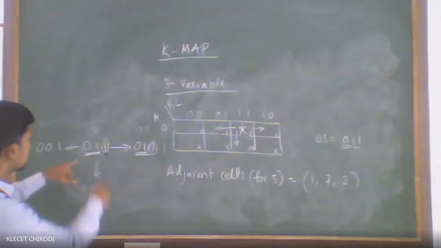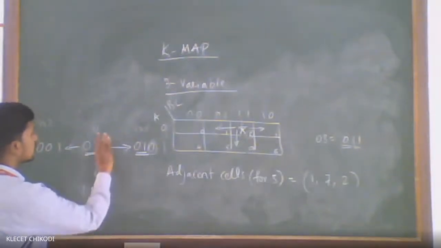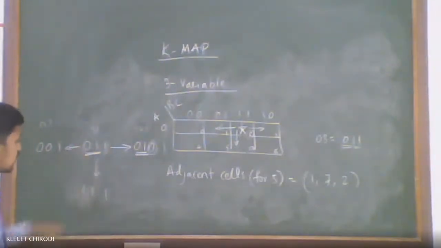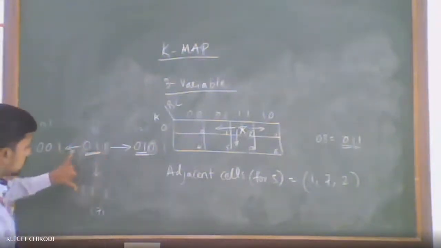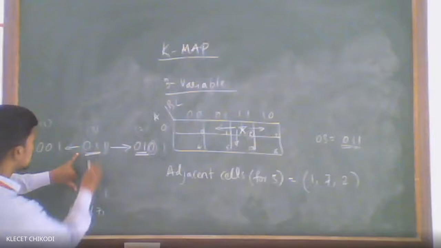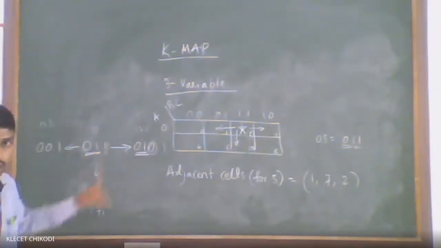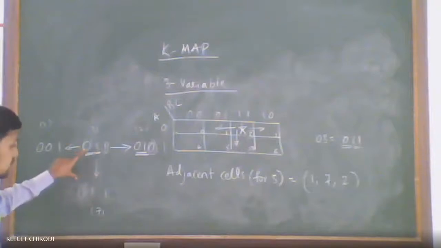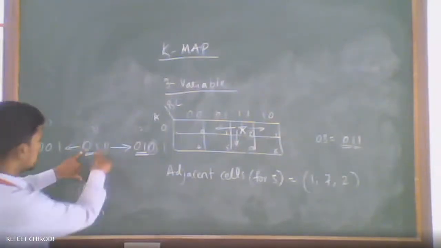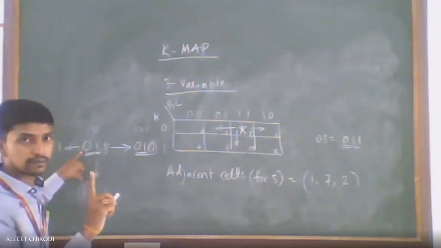Similarly, if you check the third and 7, we can see that again these two cells differ by only the first bit. The remaining two bits are the same, 1 1. Only the first bit, that is the MSB, is changing here. So once again, these two cells differ by only one bit.